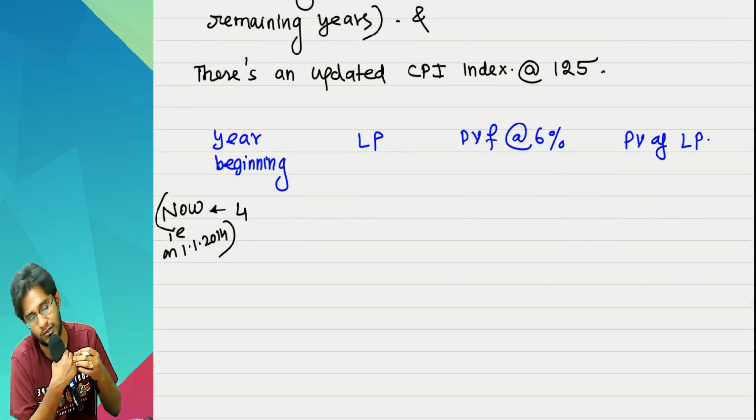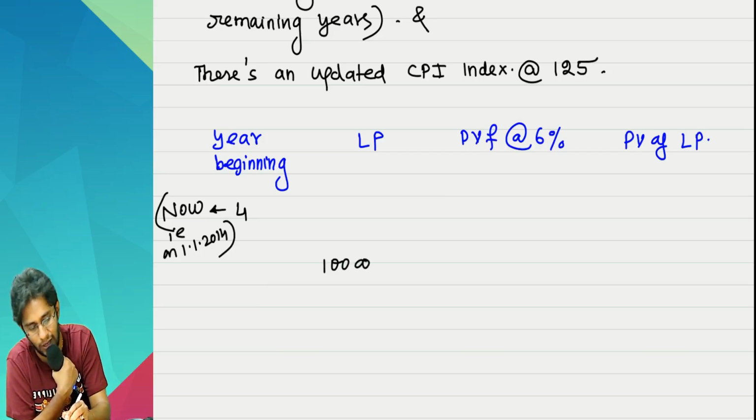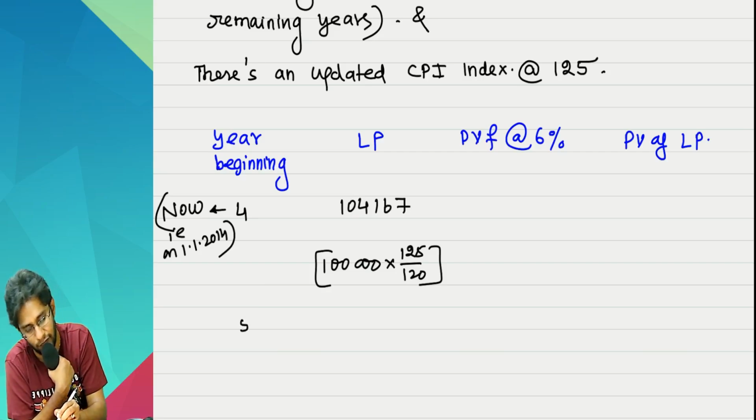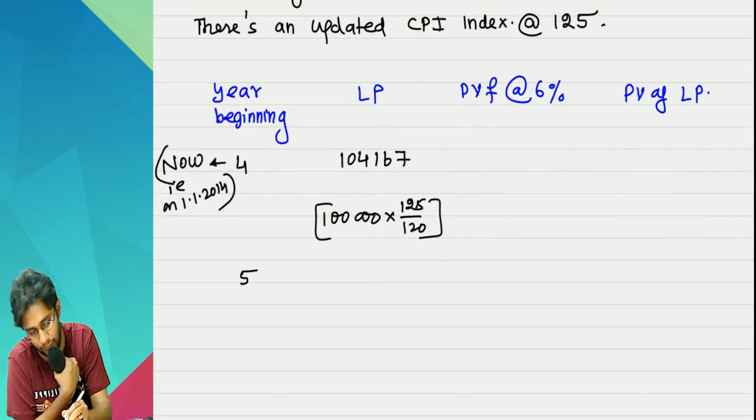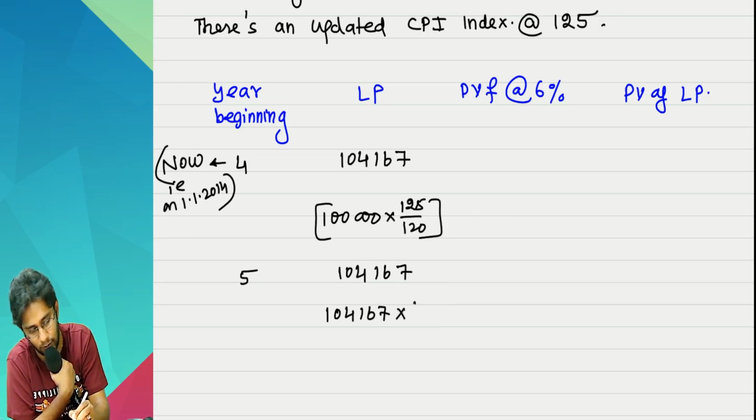So for the 4th year, how much lease rent do you have to pay? Very good, sir. 1 lakh was the amount for 120 CPI. For 125, how much should you pay? 104,167. Very well. 5th year: not same. Oh, sorry, same. 104,167, because it is 104,167 into 125 by 120.